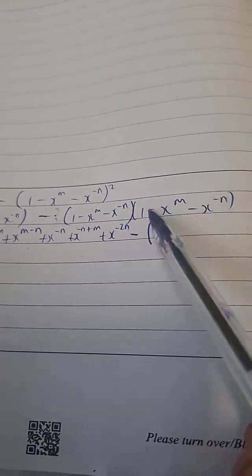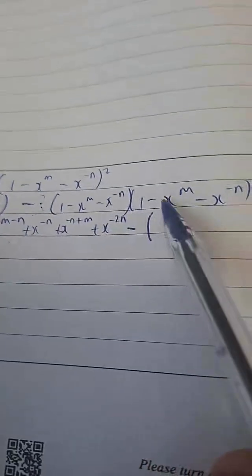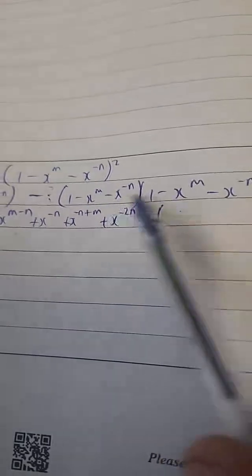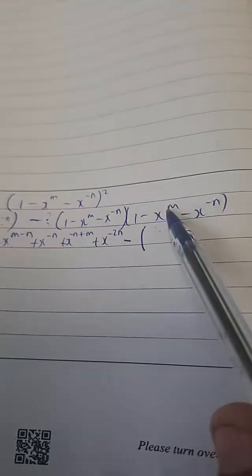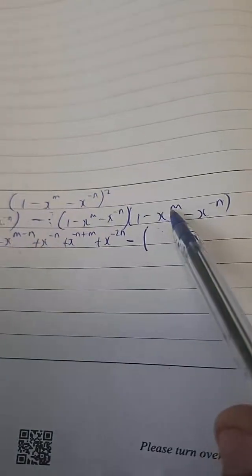Negative x to the power negative n times 1 gives me negative x to the power negative n. Then negative x to the power n times negative x to the power m. Remember, a negative times a negative is a positive. Oh, wait. What happened here? I first said negative x to the power negative n times 1 gives me negative x to the power negative n, which is fine.